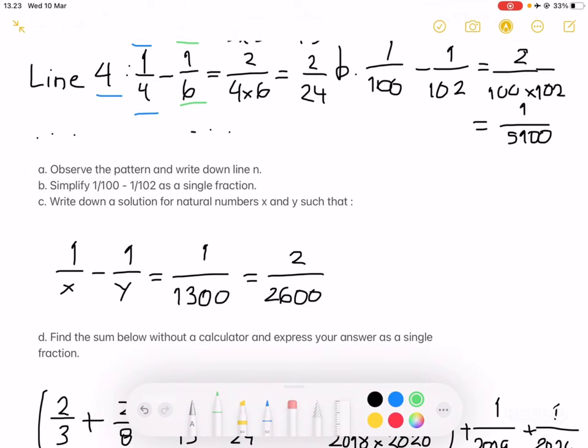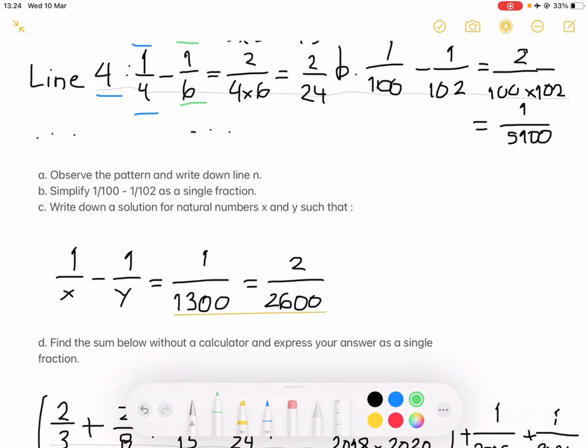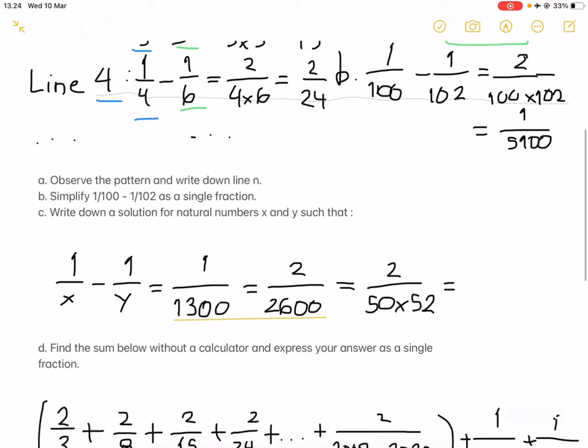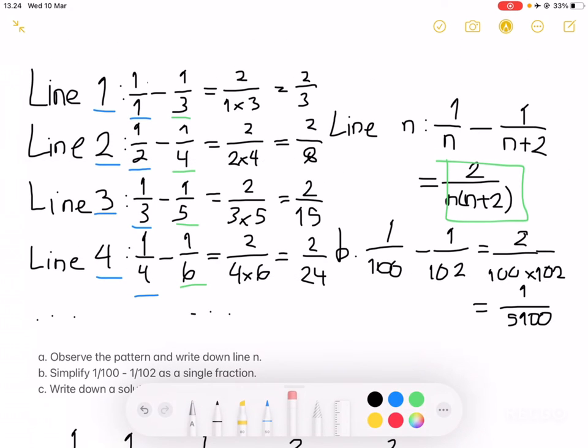And perhaps we can just rewrite 2,600 as a product of a number times 2 more than that number. And the right combination of two numbers that satisfies this product will be 50 and 52. And just doing this backwards and using this formula for the line of n right here.